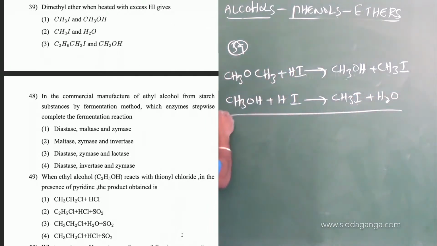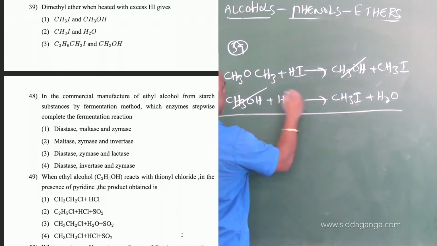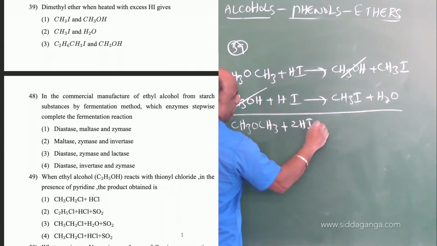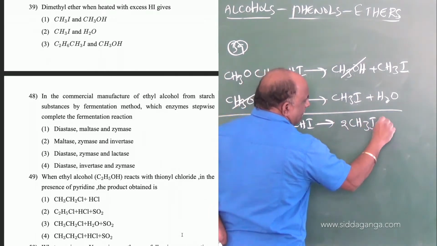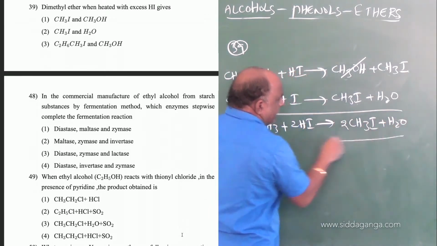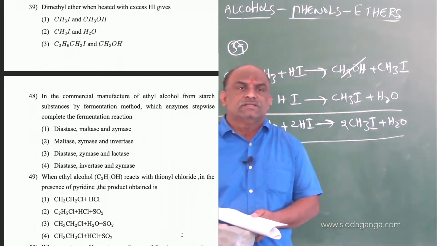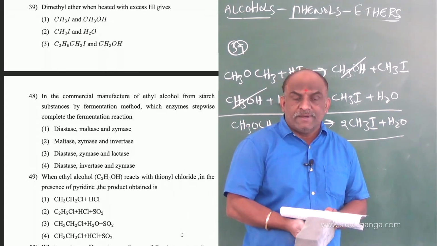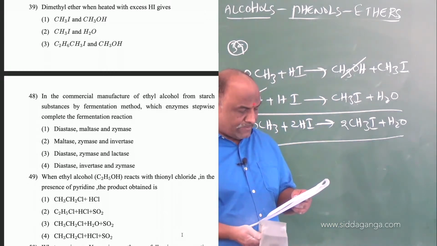On addition of these two, the CH3OH cancels, and the answer is CH3OCH3 plus 2HI gives 2 molecules of CH3I plus H2O. This is the final equation for this question. So the answer is the second option: methyl iodide plus water is the right answer for question number 39.